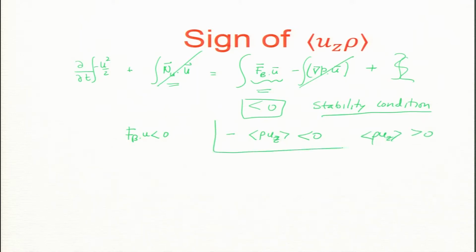So, this is an important ingredient. Are you happy with this? Since the system is stable, if the buoyancy supplies energy to the system, then it will increase the kinetic energy and will make the system unstable without viscosity. So, the energy injection rate must be negative. That is by definition of stably stratified flow.